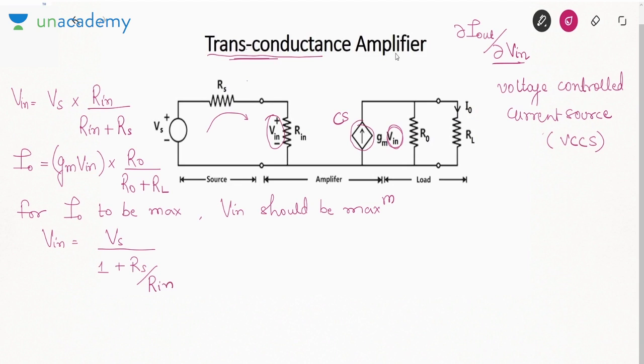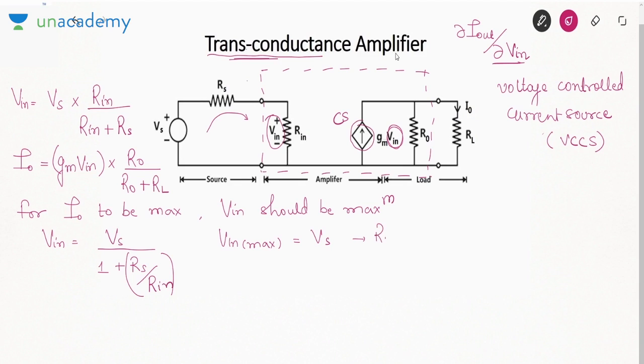Again I told you, you cannot change the source and the load, you can only change the amplifier parameters. This much is your amplifier. Now if you want Vin to be equal to Vs, the denominator should be 1 and therefore the term inside the parenthesis should be 0.